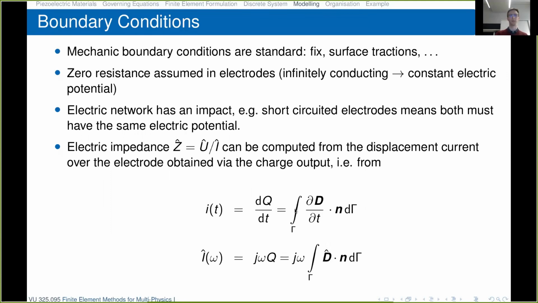So the total charge is given by the surface integral of the D field on the surface, and the current is the time derivative of it. And similarly, you can write this now in the frequency domain by expressing the time derivative by j omega, for example.